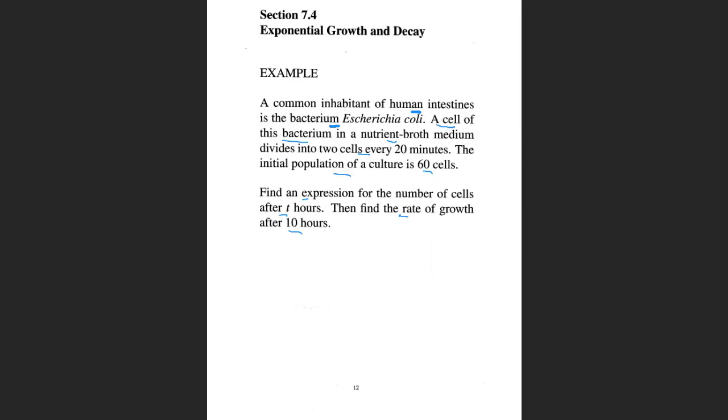In other words, if I say let y(t) be the population of E. coli after t hours.